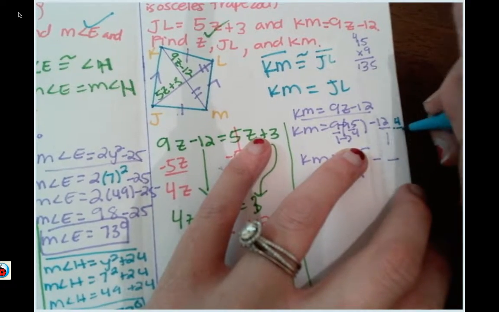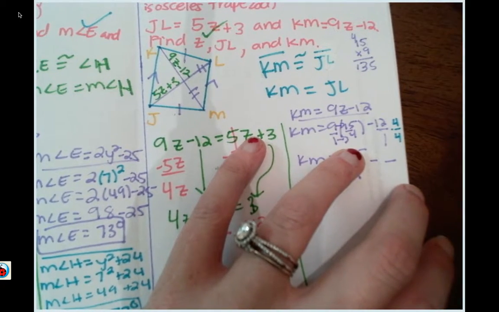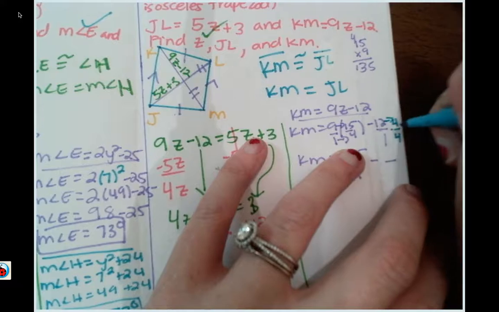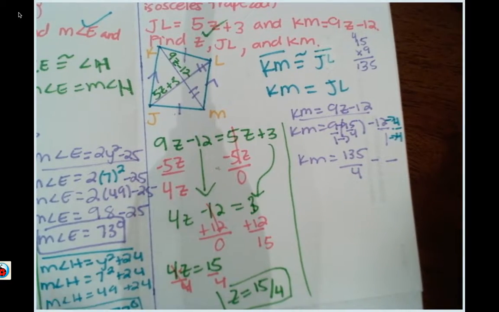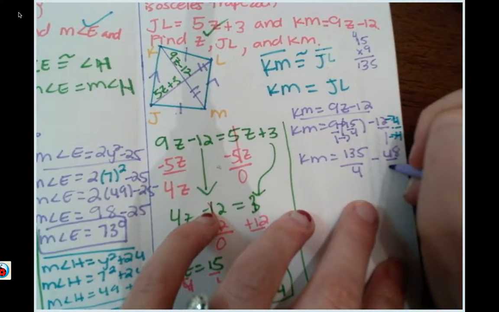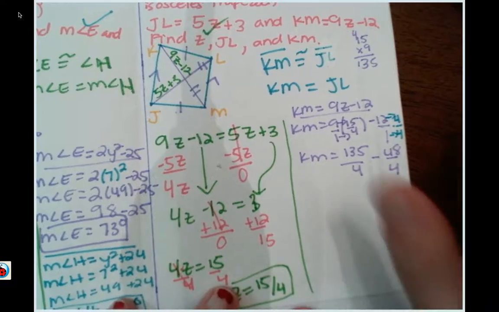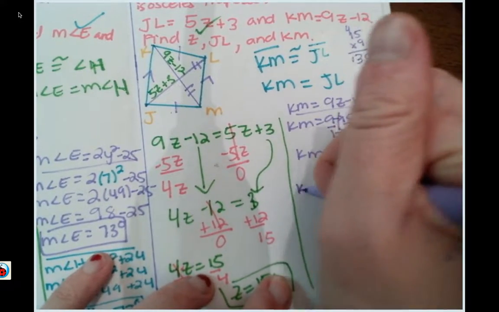You guys are so brilliant. Okay, remember, if you multiply it to the bottom, you have to multiply it to the top. And we just go straight on across. So negative 12 times 4 gives me a negative 48, or minus 48. And 1 times 4 gives me a 4. And then we simply combine the numerators and keep the denominator the same.